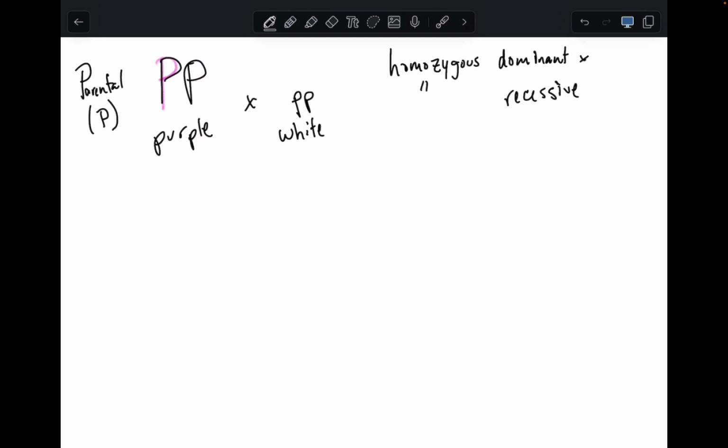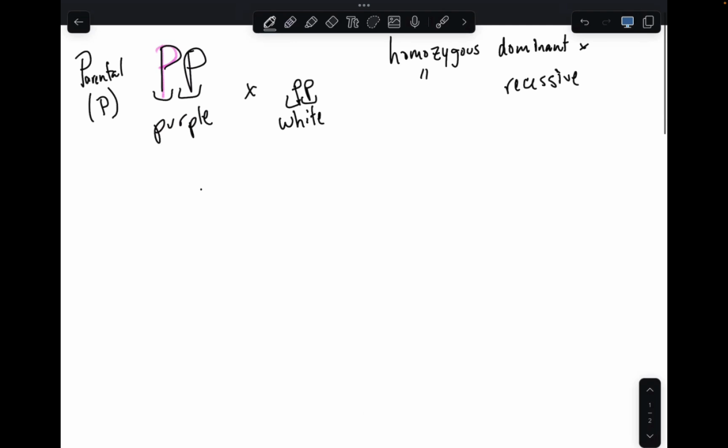Okay. And we can visualize this using what's called a Punnett square. So you might remember this from other biology classes you've taken, but since we're looking at, right, 1, 2, 3, 4 genes, or 4 copies of the gene, 2 from each parent.